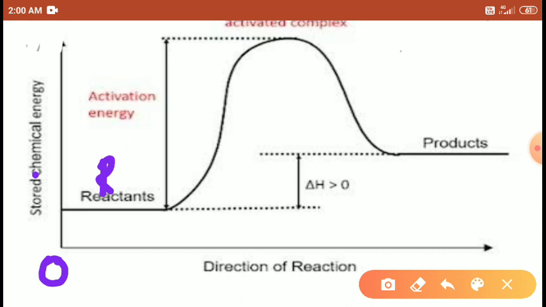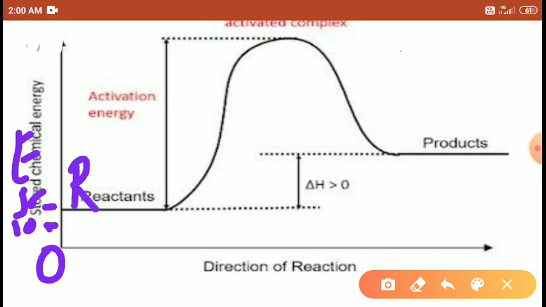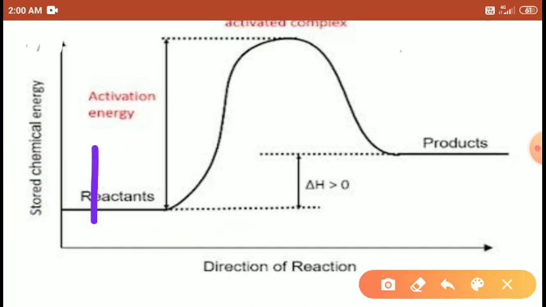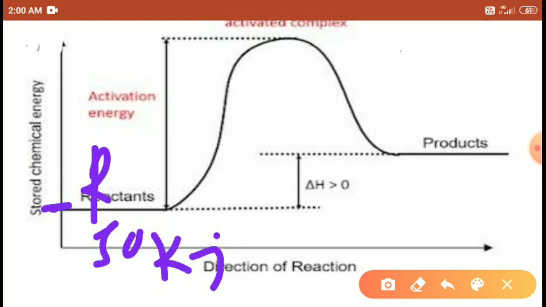This axis is the energy E. Consider R having 50 kilojoule per mole of energy. So this reactant has 50 kilojoule per mole of energy at this stage.